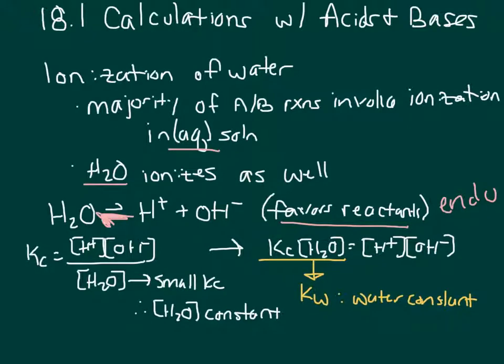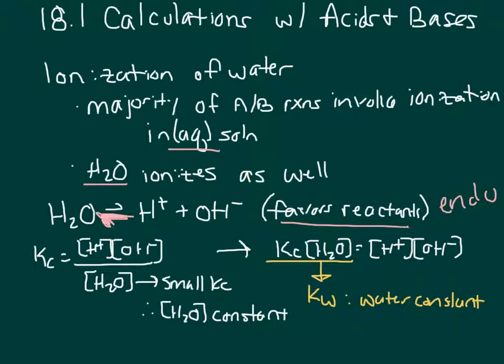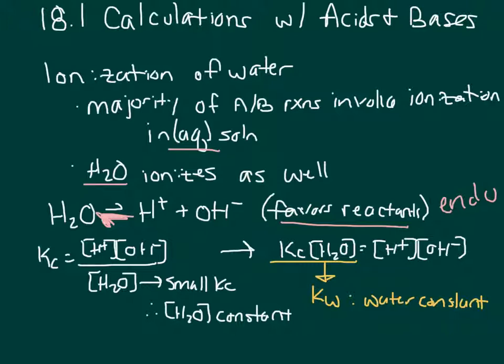Therefore, we can create its own calculation. Looking at the equilibrium, because it is an equilibrium expression, Kc is set to the products, H plus times OH minus, over water. Because this favors reactants, we expect a very small Kc value. Therefore, we assume the concentration of the measurable water at the initial stays constant at the equilibrium as well.